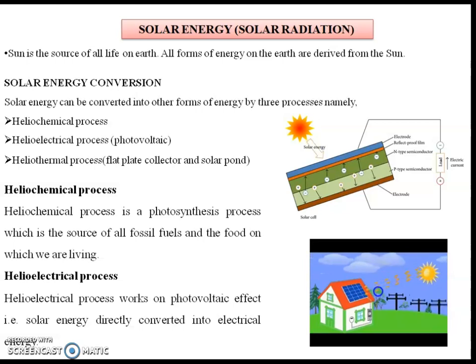Similarly, the working of the photovoltaic cell, or helioelectrical energy process. Here the solar cell is composed of p-type and n-type semiconductors. When the p-n junction, the combination of p-type and n-type, is exposed to sunlight, the p region becomes positively charged and the n region becomes negatively charged.